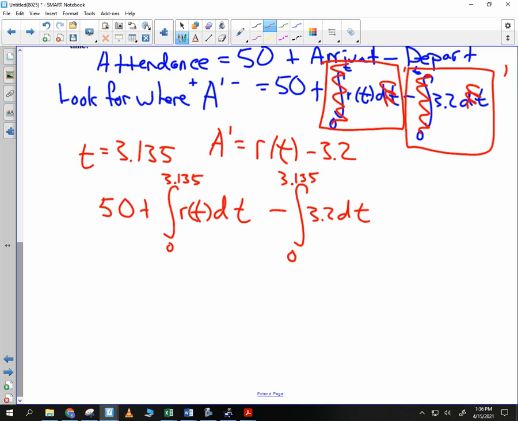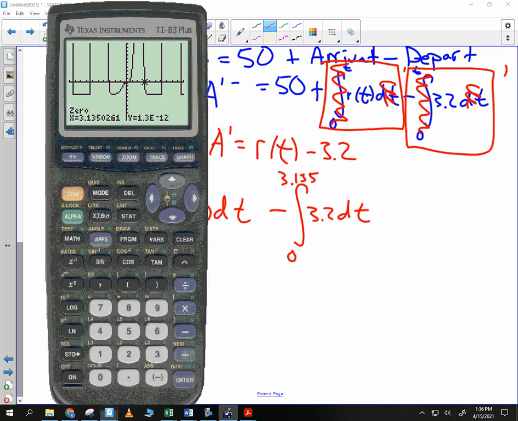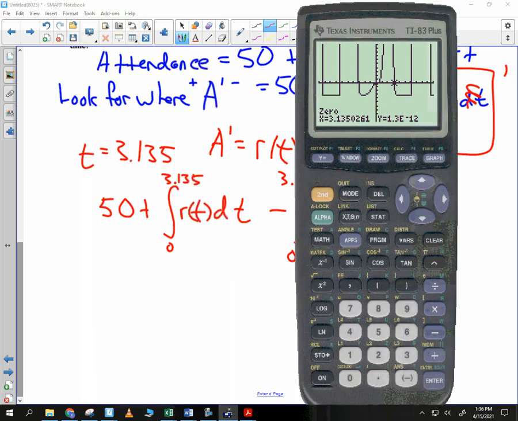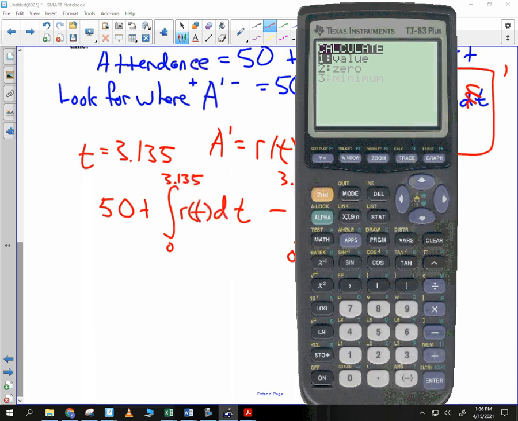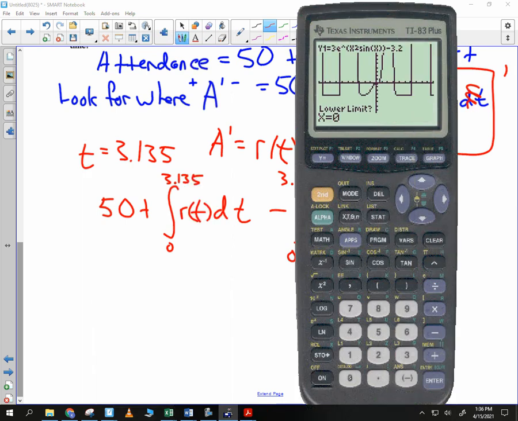Does everybody see how I have these subtracted as two different integrals? You could just write it as one integral, which is what I have in my calculator. So we will just do second calculate, number 7, from 0 to 3.135, and we should get a bunch of area there.